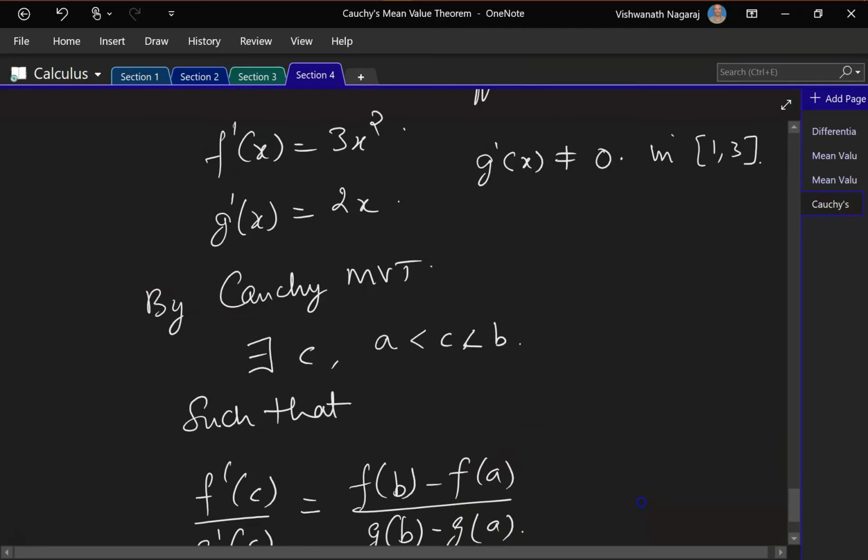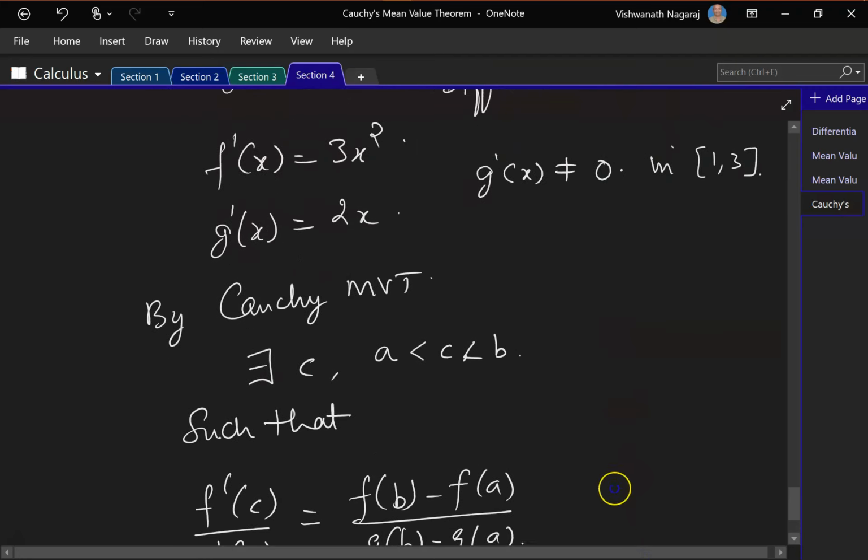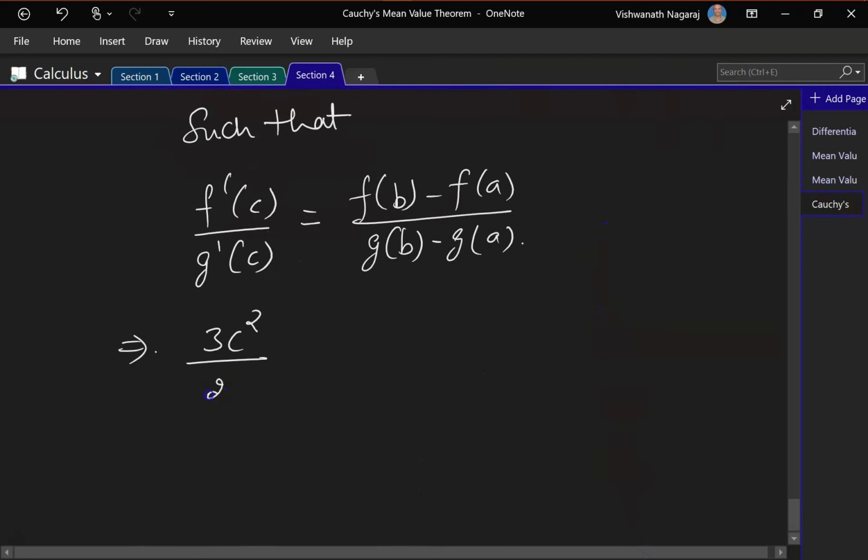F prime of c is 3c square. G prime of c is 2c. F of B, B is 3, so f of 3 minus f of 1 by g of 3 minus g of 1.